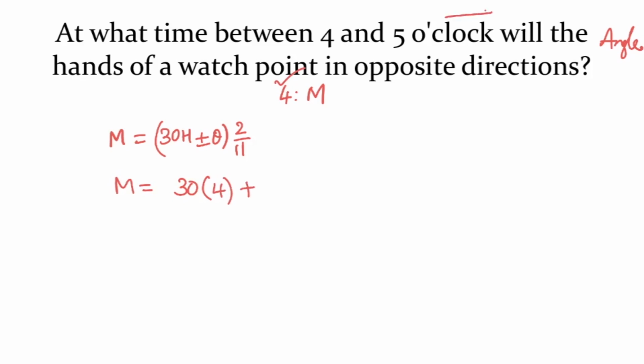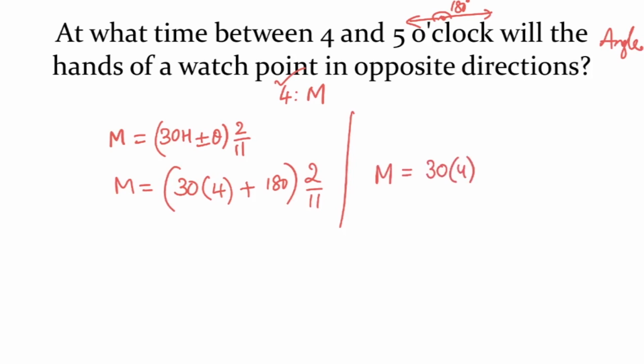Both are opposite to each other, so the angle in between is 180 degrees. 180 degrees into 2/11, and the number of minutes is equal to 30 into 4 minus 180 into 2/11. Every time we consider both cases, plus theta and minus theta.